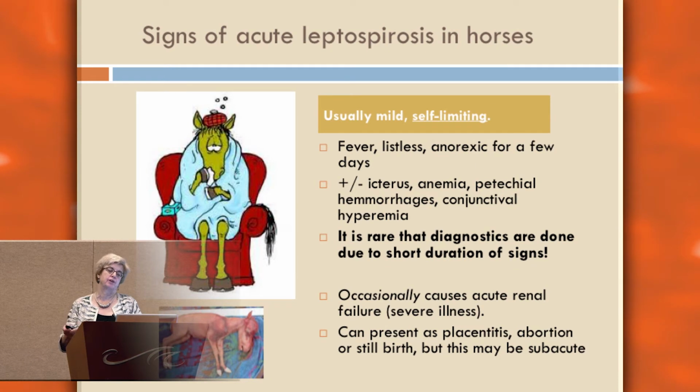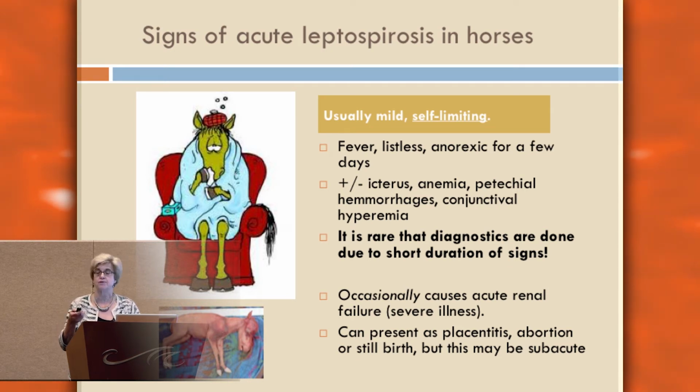What are the signs of acute leptospirosis in horses? Most of the time, they're very mild. And that's why we very rarely diagnose it. I've only diagnosed it acutely a couple of times in my life, and my radar is up for it. The owner, if it's a broodmare out in the pasture, she's probably not going to be sick enough that anybody's going to notice that something is wrong.